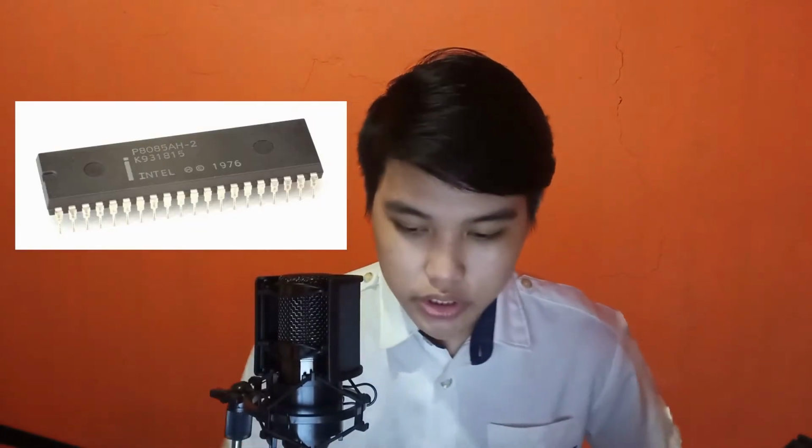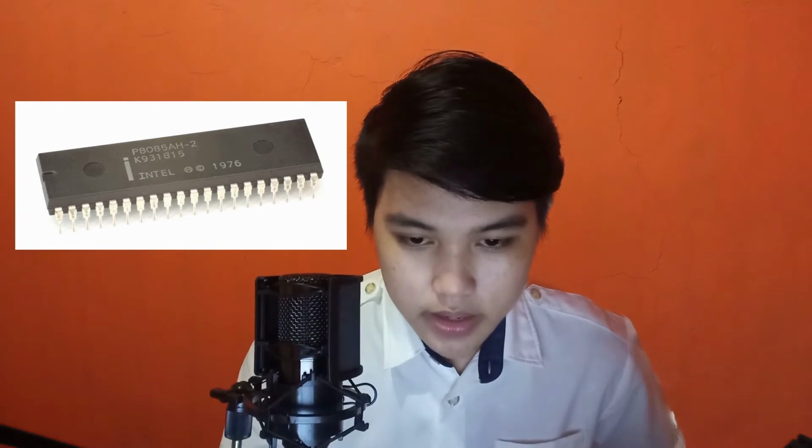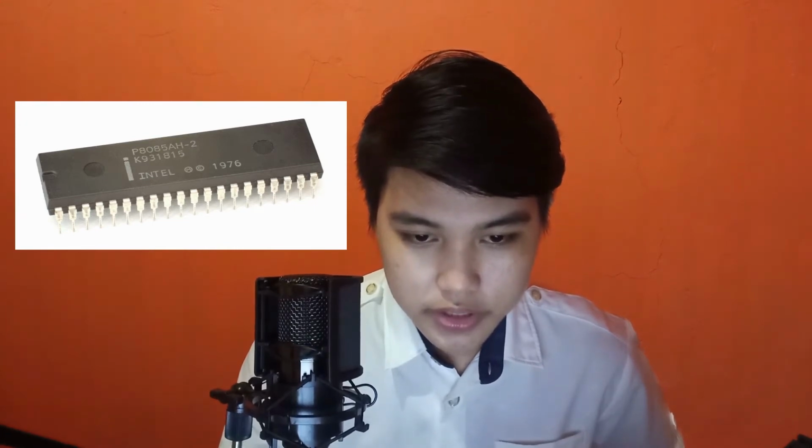Next iteration is the Intel 8085, which is made 2 years after the 8080. Still an 8-bit microprocessor, and it's also just an upgraded version of the 8080. Still has 64 kilobyte main memory, 1.3 microsecond clock cycle time, much faster.